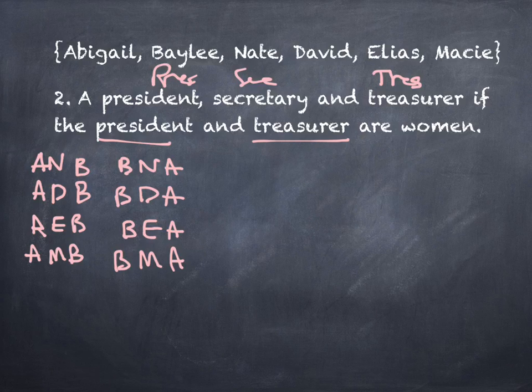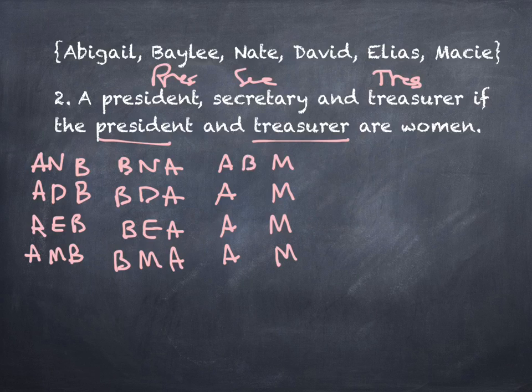So let's pick somebody else. Now who do you want? President. Can we stick with Abby for the moment, Abigail? Good. We could. And if we put Abigail still as president, then who would be the treasurer? That would have to be Macy. So we can do AM, and then we have what options? There's 4 of them because there's 4 different people that could be in the middle. Who could be in the middle? Bailey.